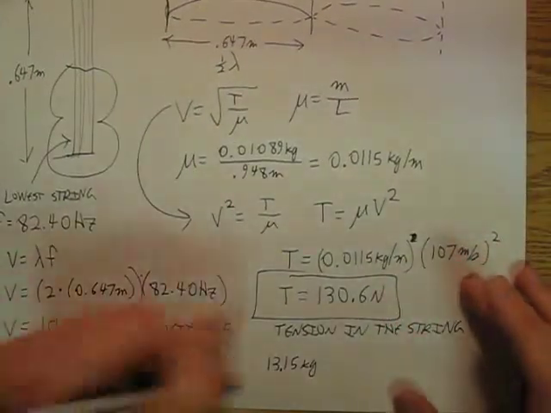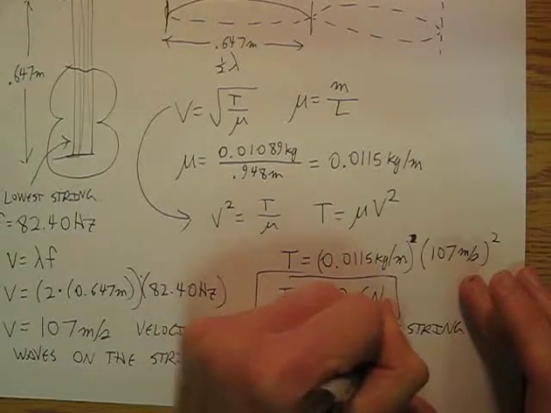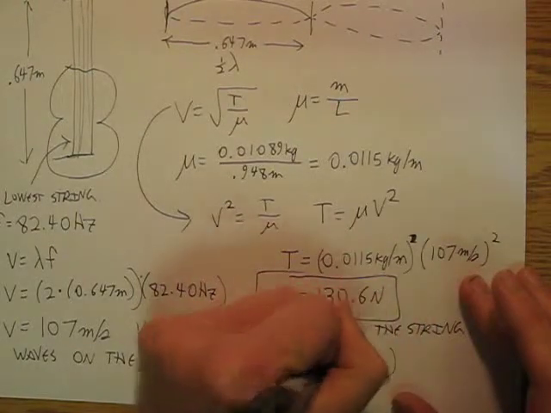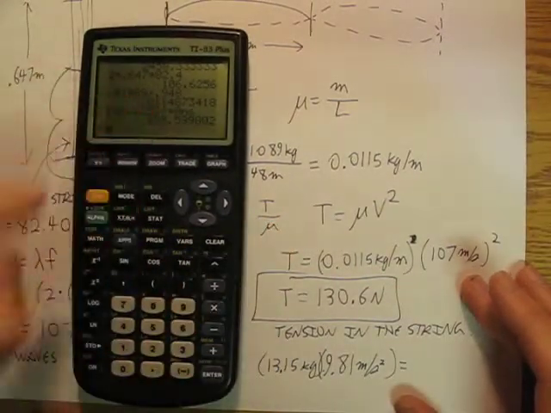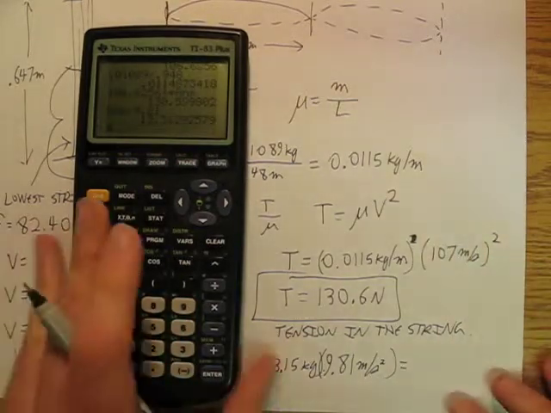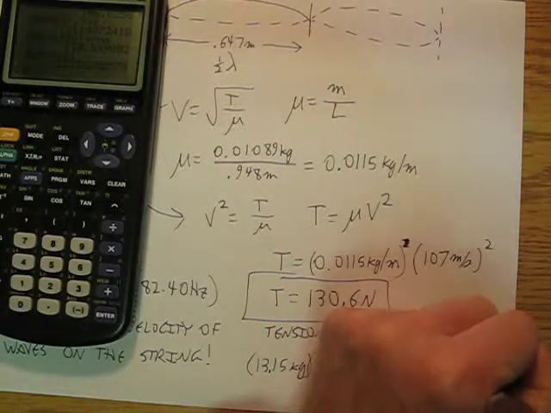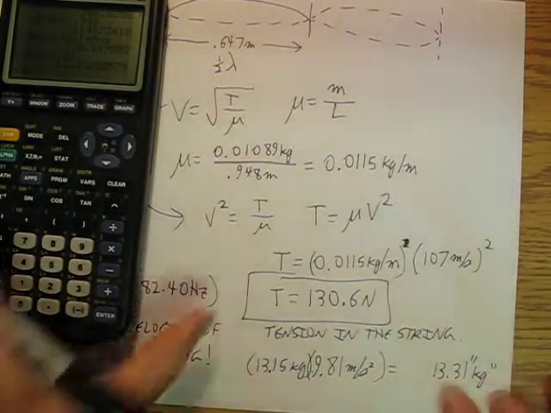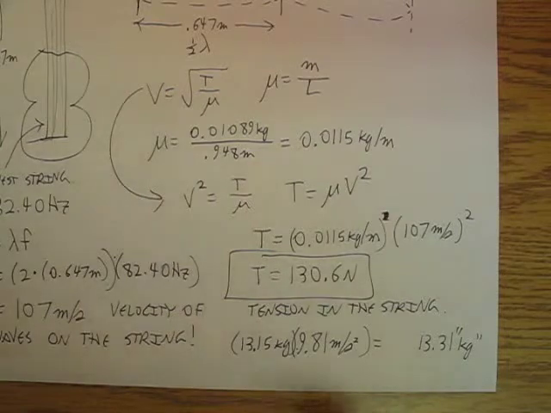The way that we convert to newtons is we use 9.81 meters per second squared, and if I divide by 9.81, I get 13.31 kilograms of tension. So tension should really be measured in newtons, but I'm not going to call up the string manufacturer and complain.